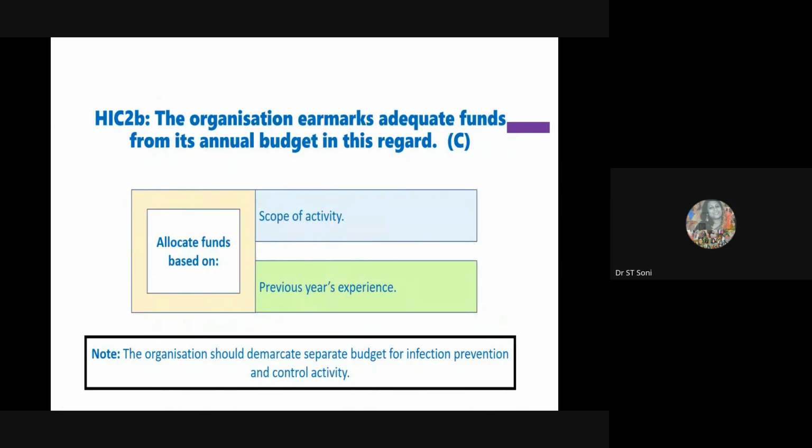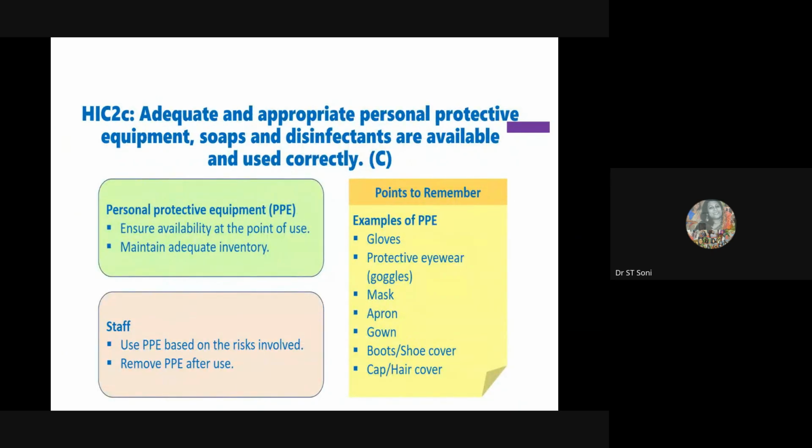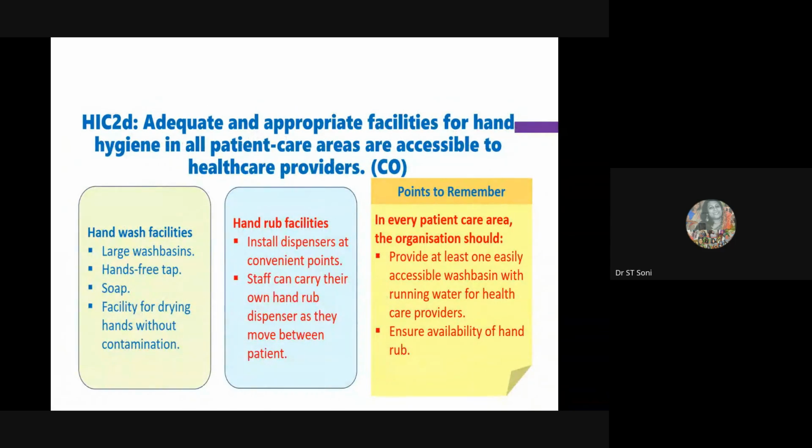Okay, allocated funds should be there for the infection prevention and control program, and ensure the availability of all the personal protective equipment, with adequate inventory of gowns, masks, and all. So these are all important things. Facilities for hand hygiene should be available inside the hospital, like wash basins, hands-free taps, and drying of the hands without getting them contaminated.